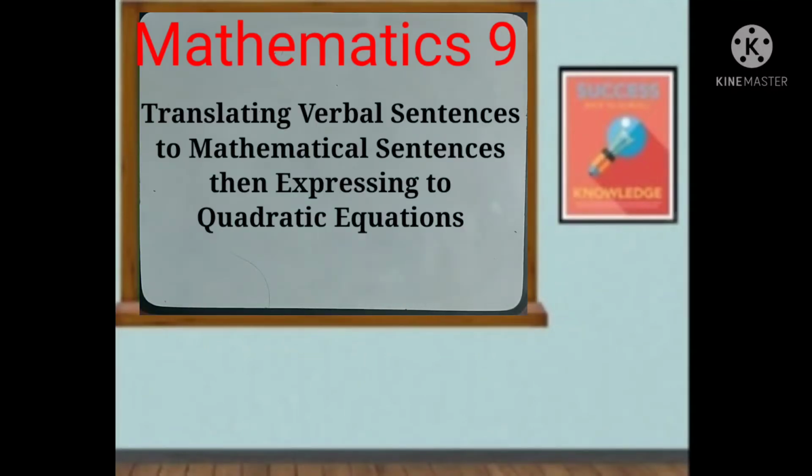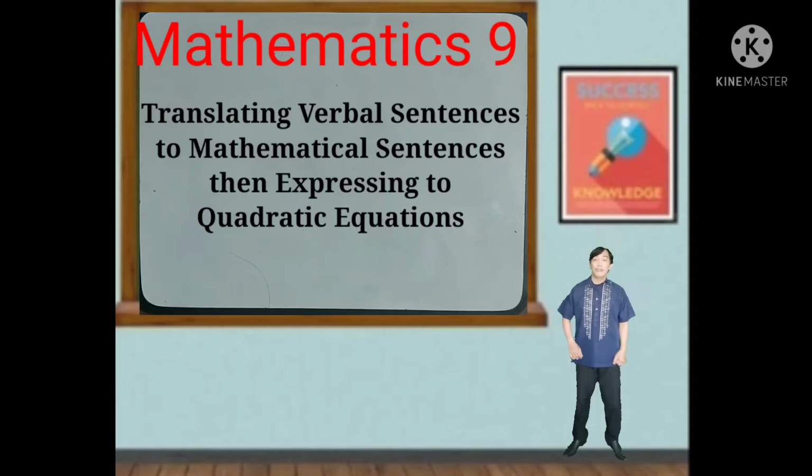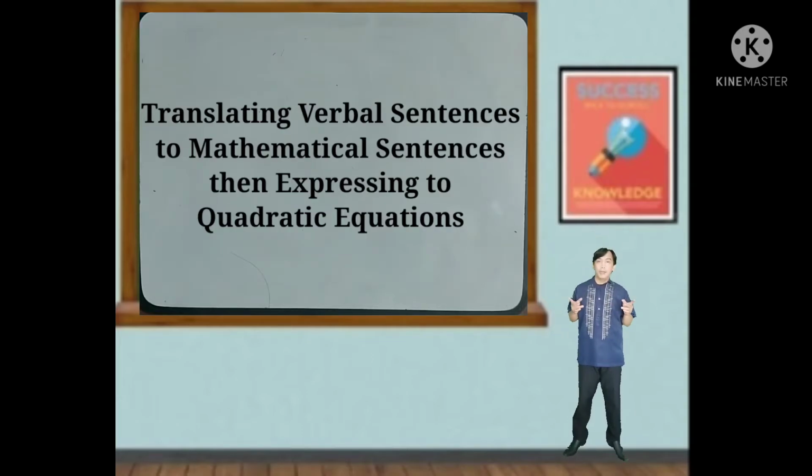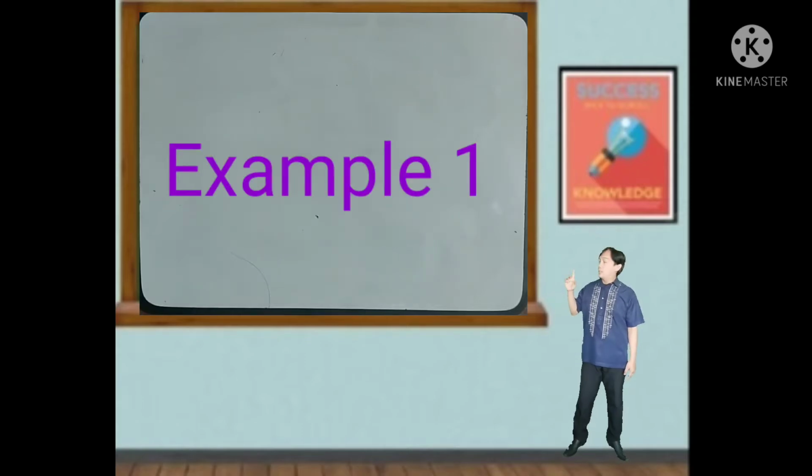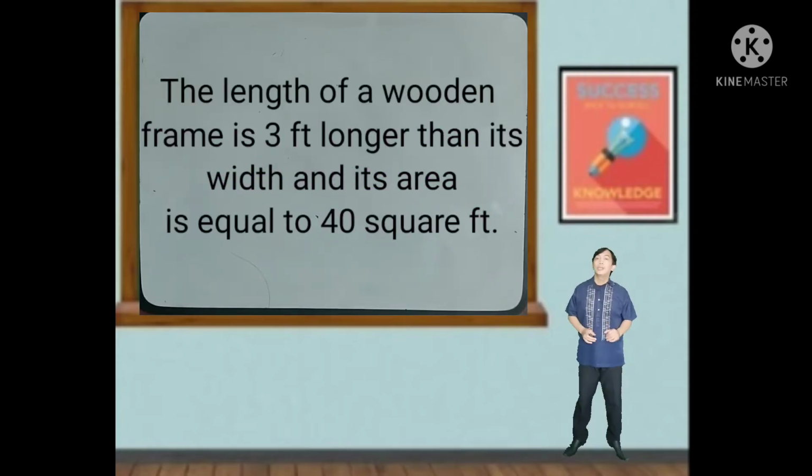So our topic for today is all about translating verbal sentences to mathematical sentences. So let's try to have an example. Assuming we have number 1, the length of a wooden frame is 3 feet longer than its width, and its area is equal to 40 square feet.